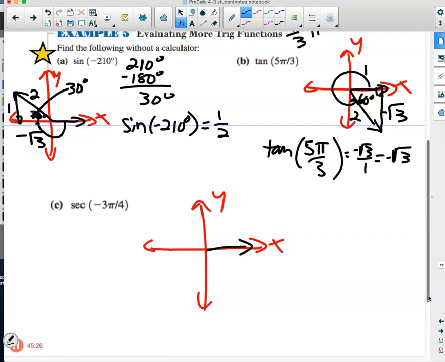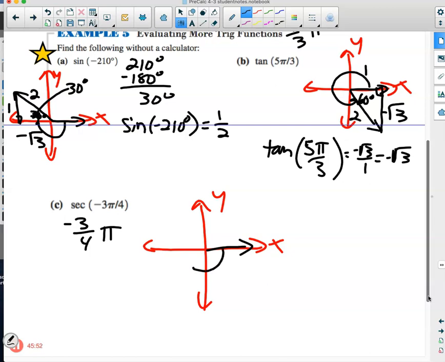Alrighty, negative 3 pi over 4. Can somebody unmute, please, and tell me what we should think of that as so we can draw it? Negative 3 over 4 pi. Yes, negative 3/4 pi. All right, so I can't go all the way.